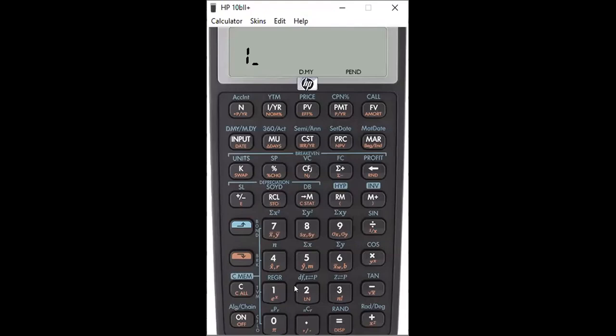14 divided by 12. That's our interest. 20 by 12. That's our N, PMT, right?